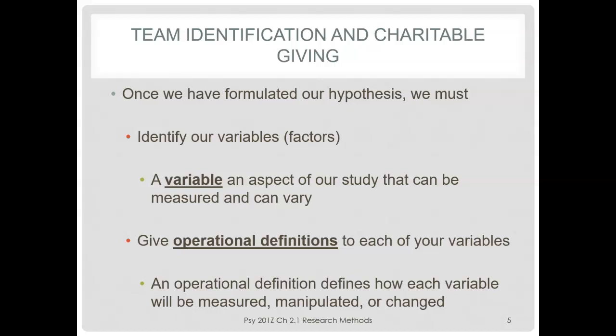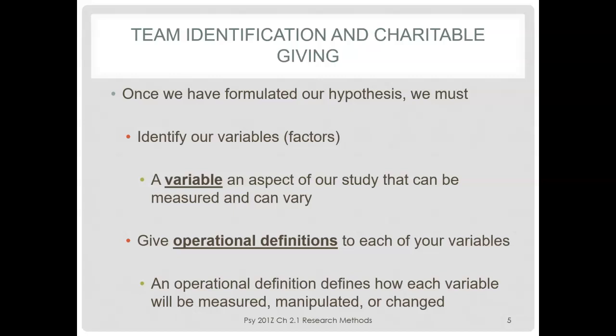Once we have our hypothesis, we have to do a few things. We have to identify our variables or our factors. A variable is an aspect of our study that can be measured and can vary. Now, a study can have many variables. What happens in that case? If that's the situation, you select specific variables and focus on those variables only.